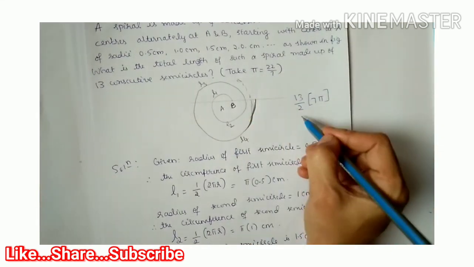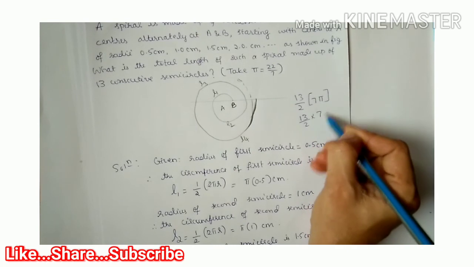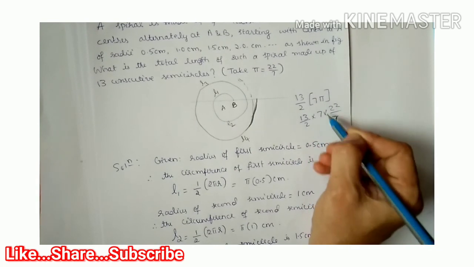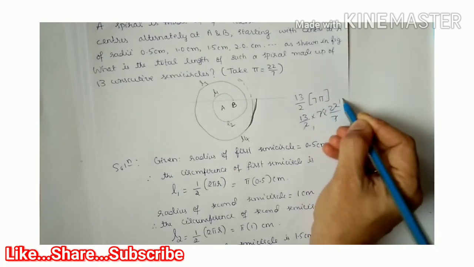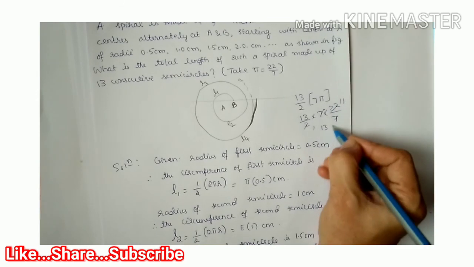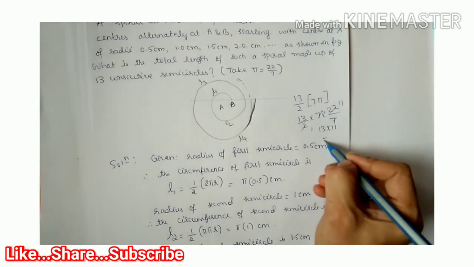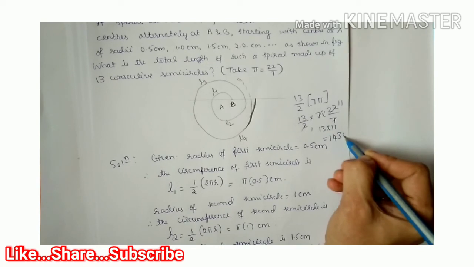Pi is 22 by 7. 13 into 11 is 143 centimeter.